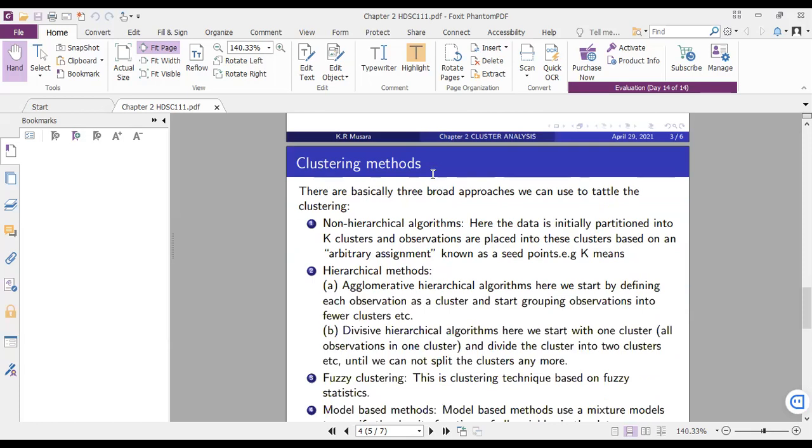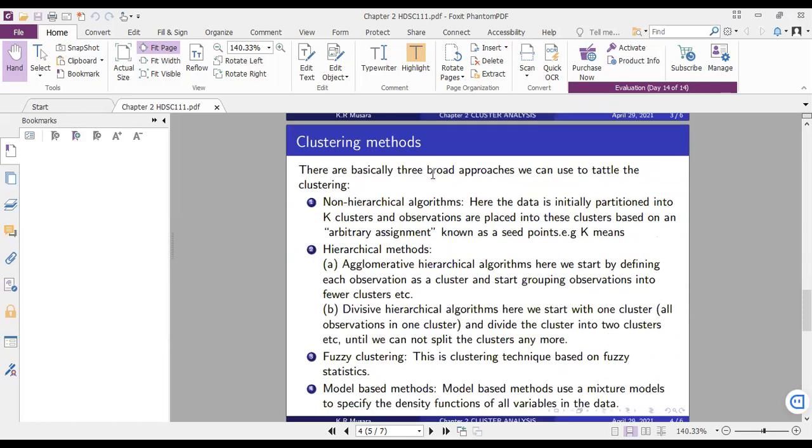So we've got 4 clustering methods that we're going to focus on in this course, all right? We've got the non-hierarchical algorithm, the hierarchical methods, the fuzzy clustering, and the model-based methods.